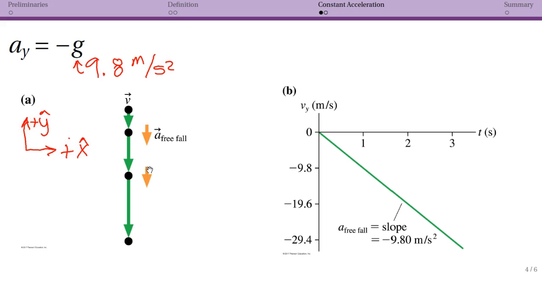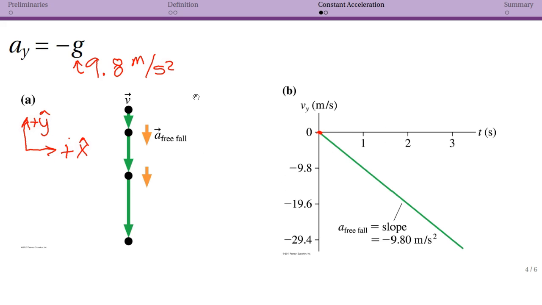We can then create a plot of velocity versus time for this situation, and again it was starting at a time of 0 at a speed or velocity of 0. Now again, notice that all of our velocities are negative here, and that tells you that it's traveling in the downwards direction, because up is positive.